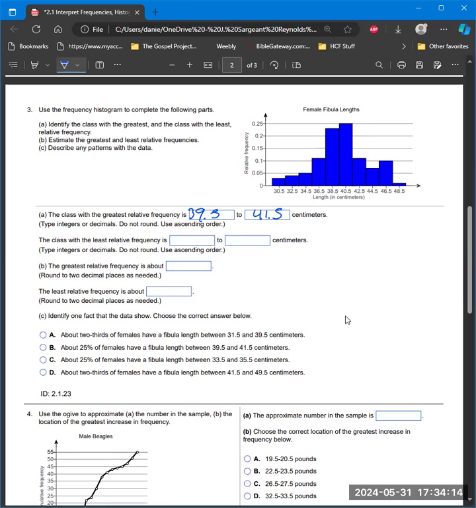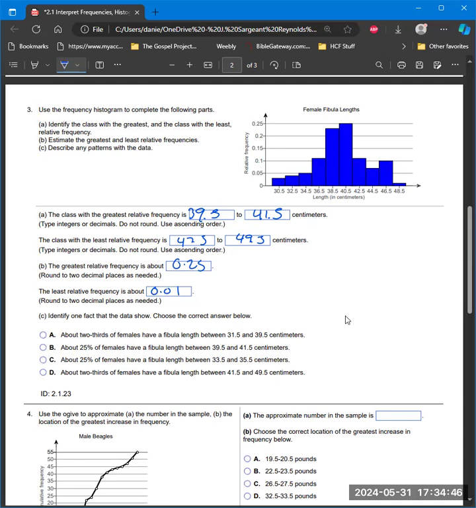The least relative frequency is 47.5 to 49.5. And the greatest relative frequency is about 0.25, and the smallest is about 0.01. It's about 1%.